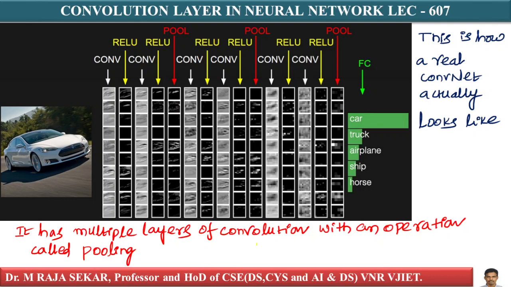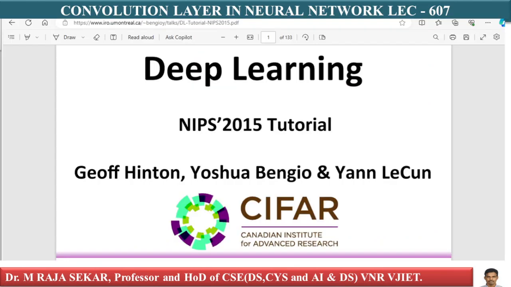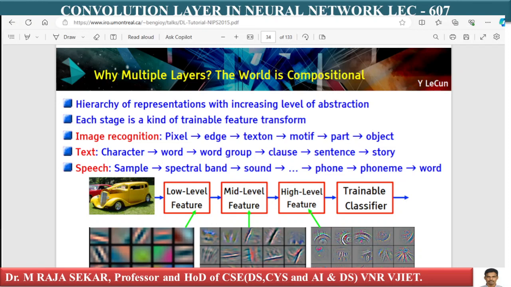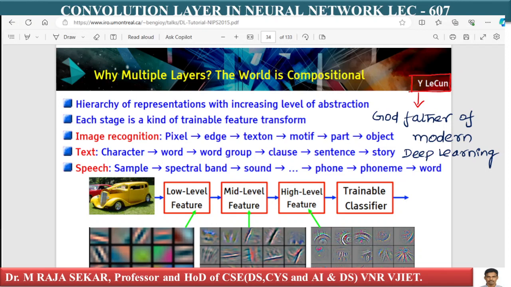This is a very nice presentation provided by the people who actually invented this, Yann LeCun and others, a team of researchers. Yann LeCun is typically called the godfather of modern deep learning. They actually invented the whole CNN.